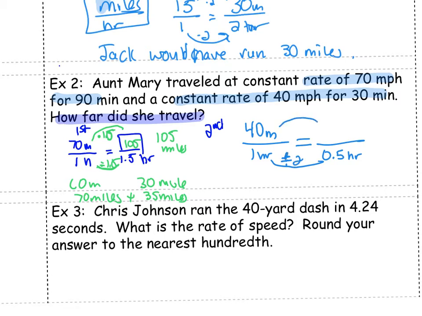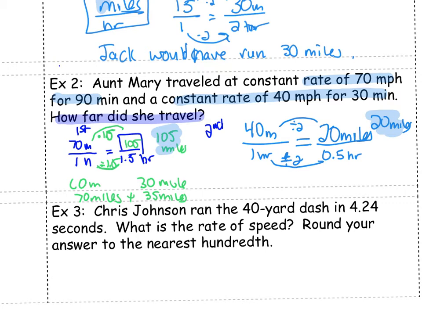So I just have to divide the 40 by 2 to get 20 miles. If she had traveled a whole hour, she would have gone 40 miles. So now we have our 20 miles here for part 2 and our 105 miles for the first part.